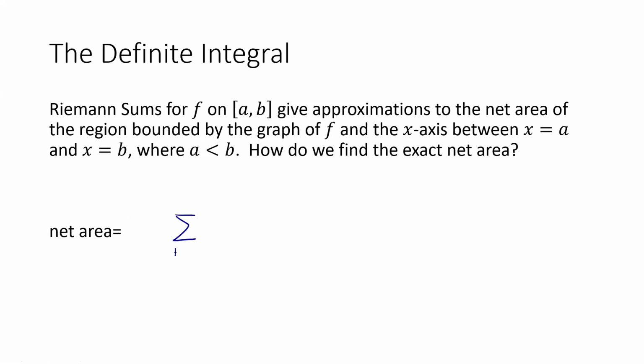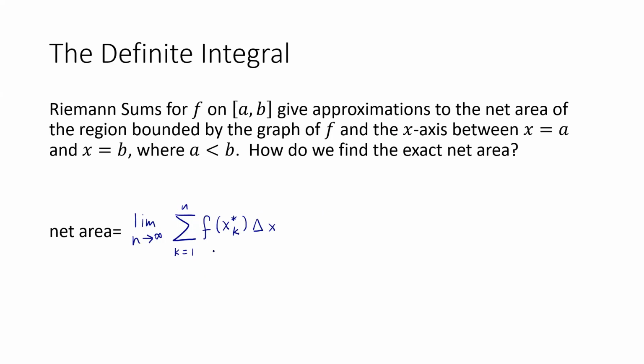We know that computing our Riemann sum, remember, this is an approximate area. So if we want to make it an exact area, we take the limit as the number of rectangles approaches infinity.